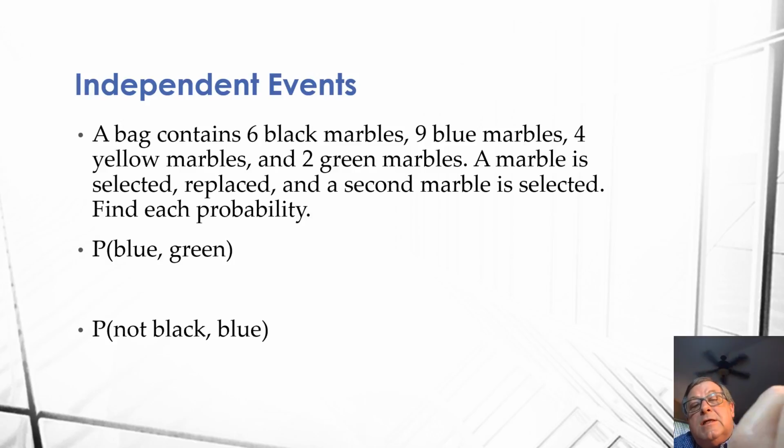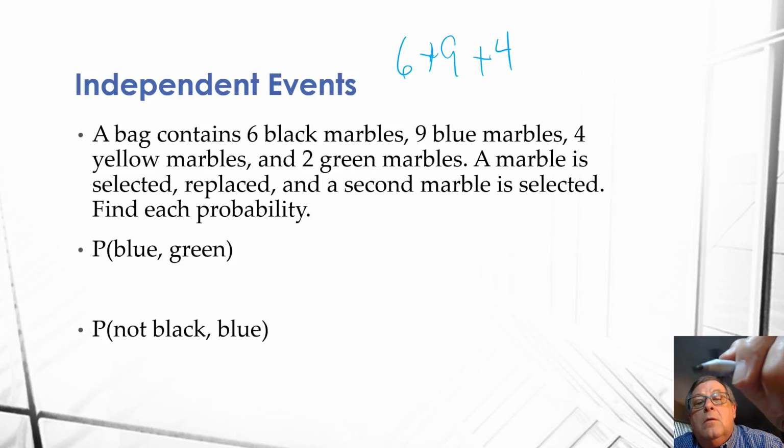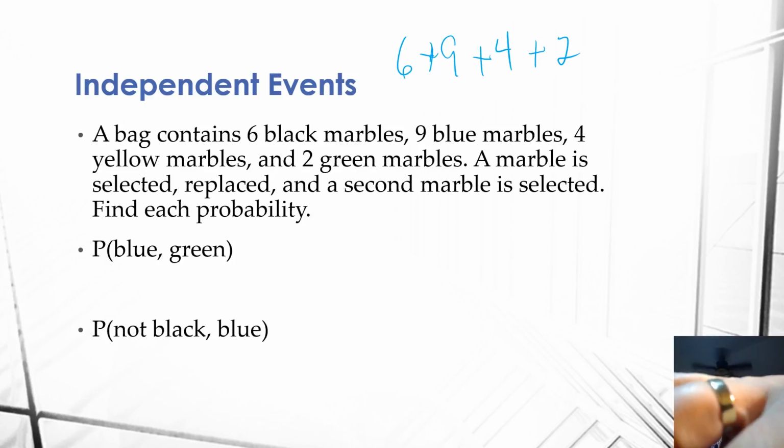Well, let's see, there's 6 black, and there's 9 blue, and there's 4 yellow, and there's 2 green. Let's see, so what do we got? 6 plus 9 is 15, plus 4 is 19, plus 2. So we got 21 marbles in the bag.